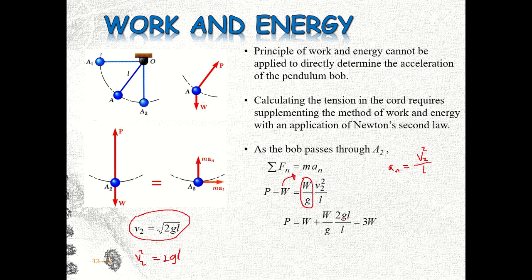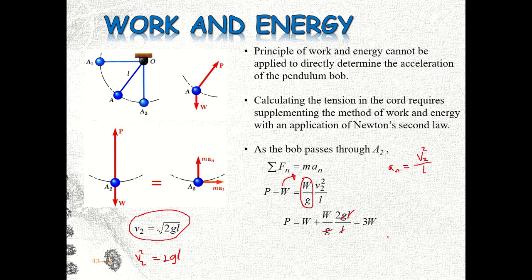And then we know that this V2 squared is equal to 2GL, from this definition here. So we have G at the denominator and G at the numerator, L at the denominator and L at the numerator. So that cancels out. So we have W plus W times 2, which is 2W. So summing up, P is equal to 3W.